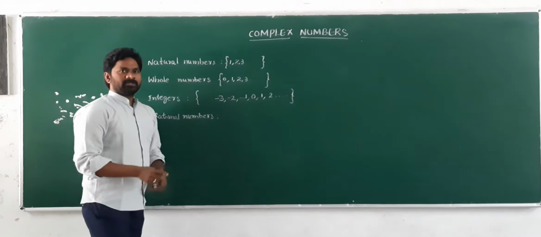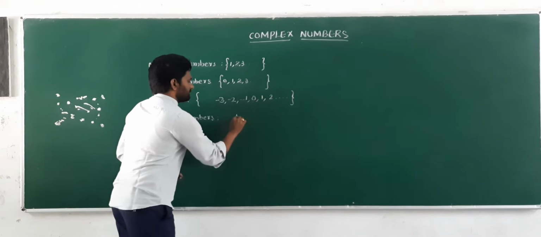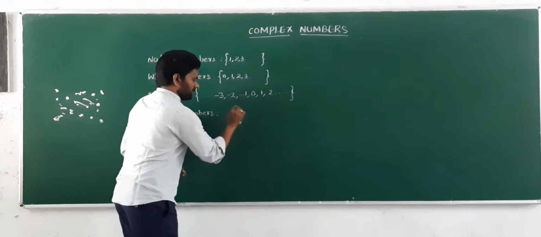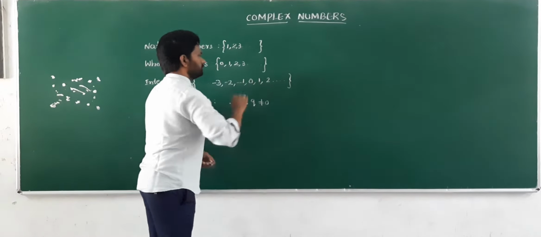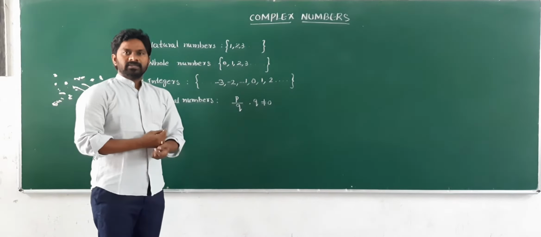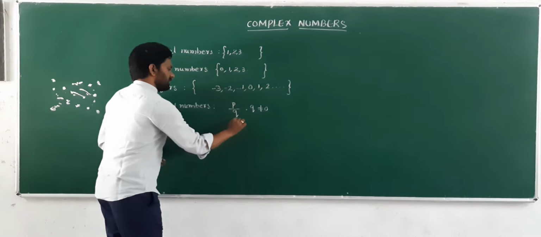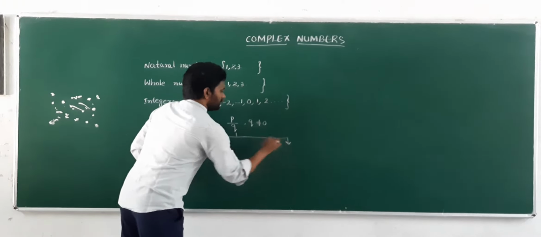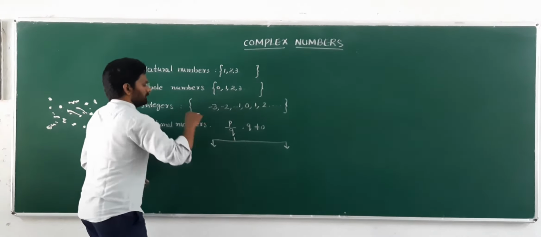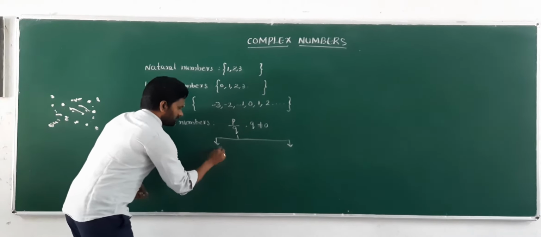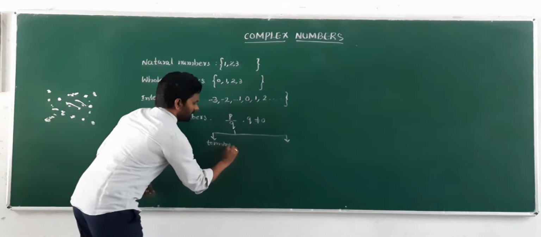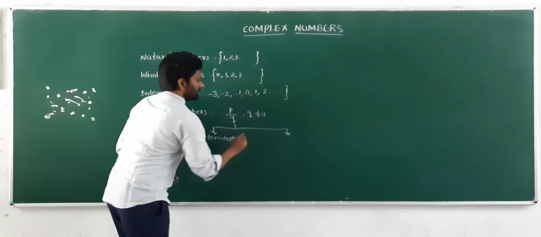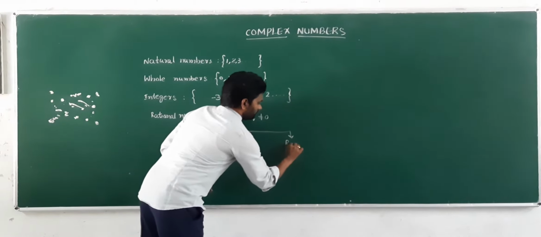So what are rational numbers? If any number is represented in the form p by q, where q is not equal to 0, it is called a rational number. These rational numbers are again of two types: one is terminating and another one is repeating.